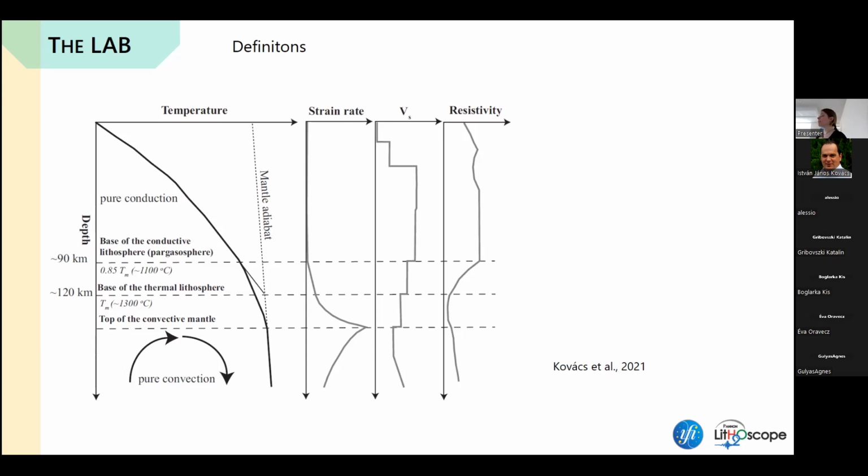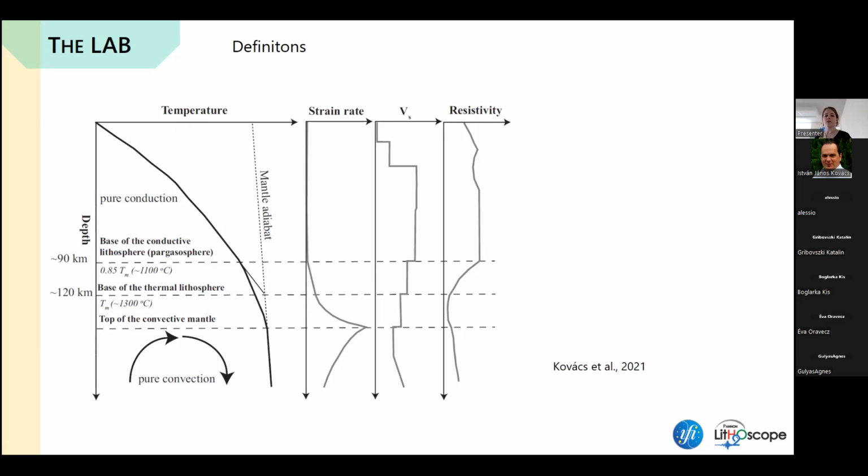Basically, everybody agrees that the lithosphere-asthenosphere boundary separates the upper rigid conductive part of the mantle, the lithosphere, from the convective, less viscous lower part, the asthenosphere, and this allows the process that we know as plate tectonics. There's also a general agreement that the base of the thermal lithosphere is where the extension of the conductive geotherm intersects the mantle adiabat.